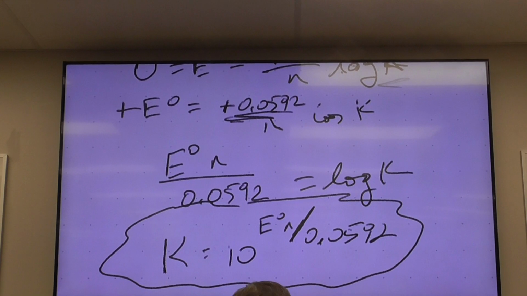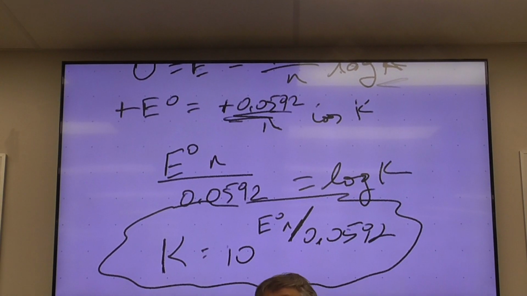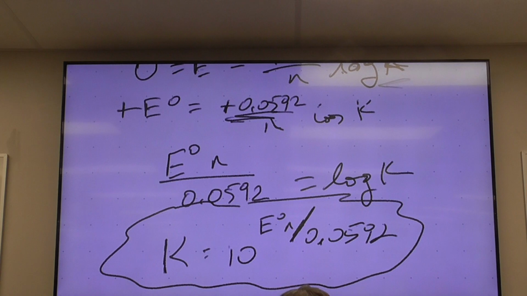Now, let's talk about the ramifications of this. Is n ever going to be a negative number? No, it's not. Can E naught be a negative number? Yes, absolutely. Can E naught be a positive number? Yes.